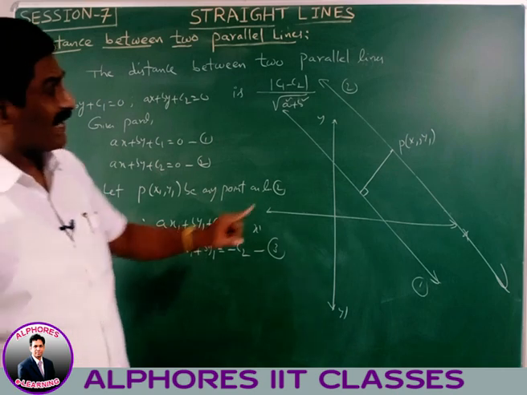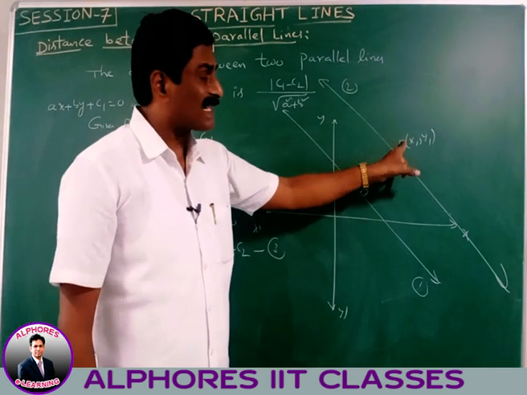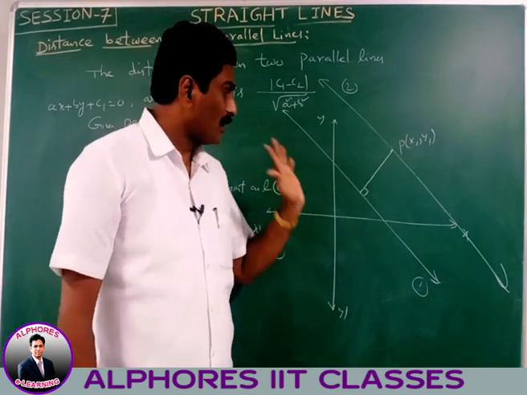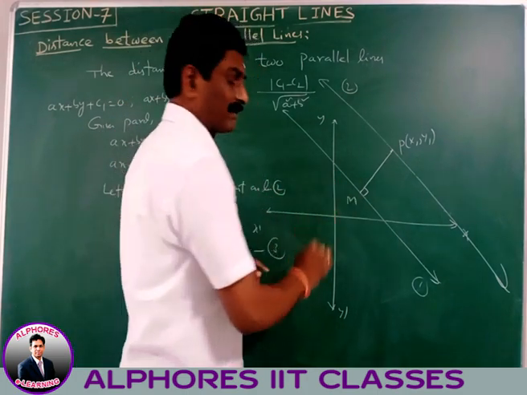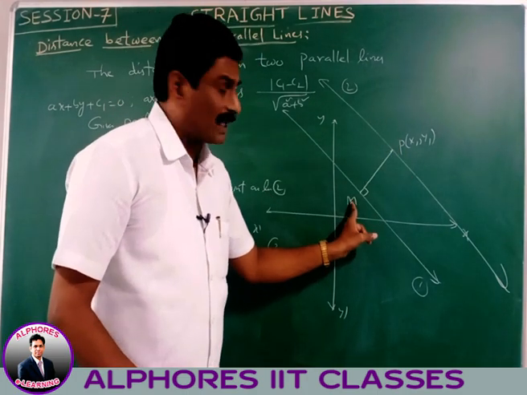Now we find the distance between these two lines. That distance is nothing but the perpendicular distance from P to line 1. Say this is the projection; the perpendicular distance from this to this is PM.